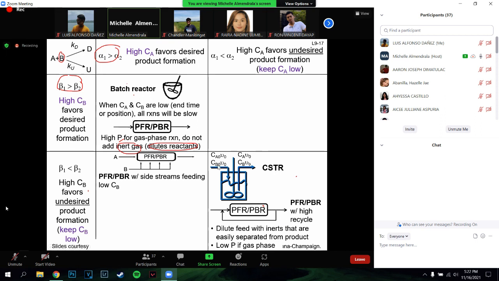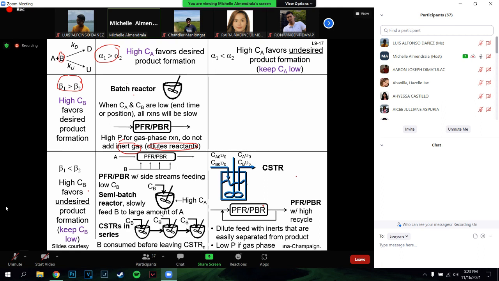Dilute feed with inerts that are easily separated from product. We have to dilute feed with inerts, so high CB favors undesired product formation. So keep CB low. Okay, so that's why.